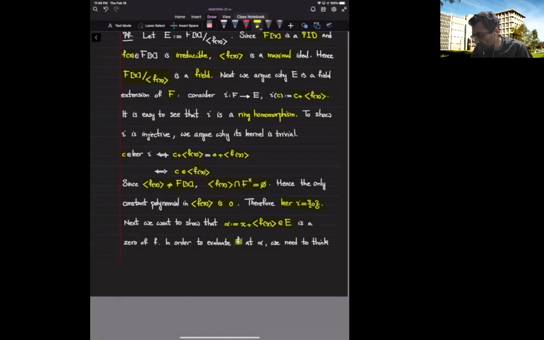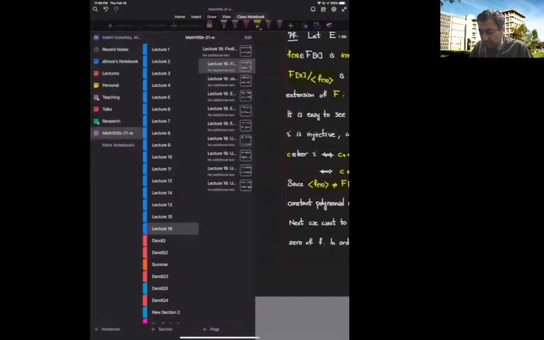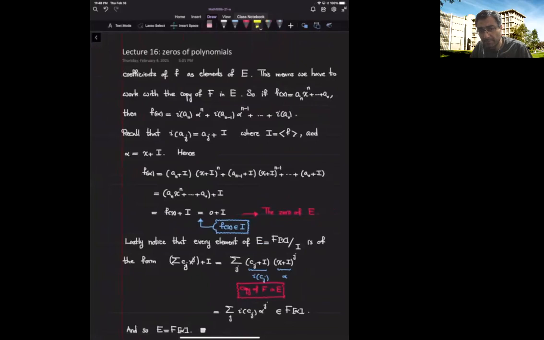In order to evaluate f at alpha, I need to have the coefficients of f inside the field E. A priori, coefficients of f are inside the field F, not inside E. This means I need to work with a copy of F inside the field E. So to make it concrete, suppose that the polynomial f is given by coefficients a_n, a_{n-1}, ..., a_0.